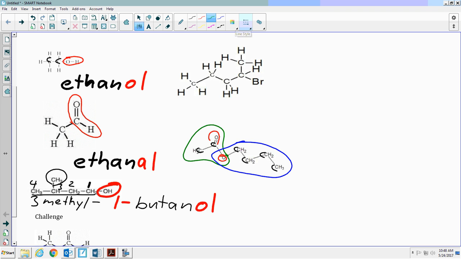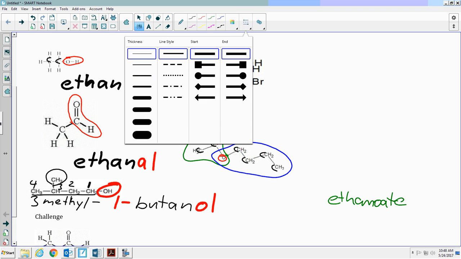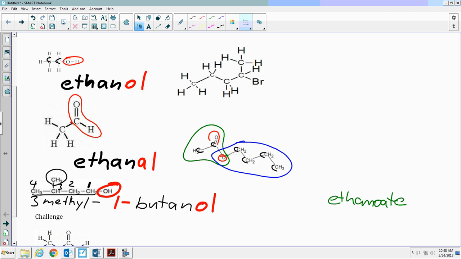Okay, so the acid name, in this acid we had 2 carbons, so that would give us the prefix eth for that acid name, and then we have the special ending anoate. The alcohol part had 1, 2, 3, 4 carbons, so that would be a butyl ethanoate. Okay, so try that number 4 example and try the challenge.